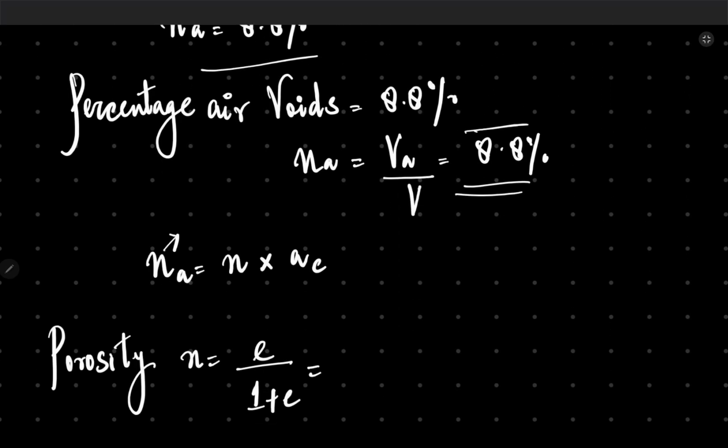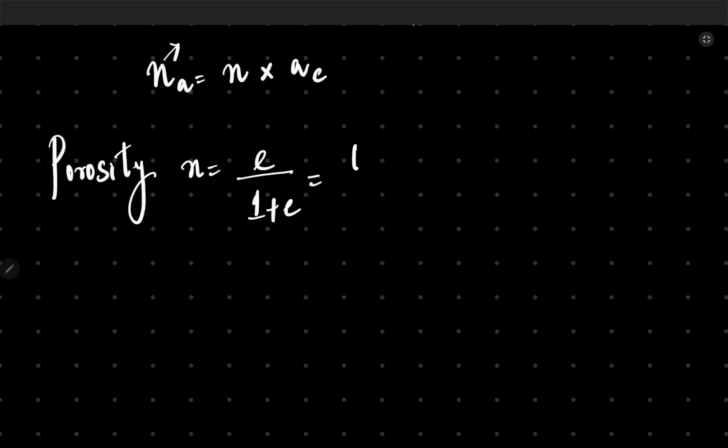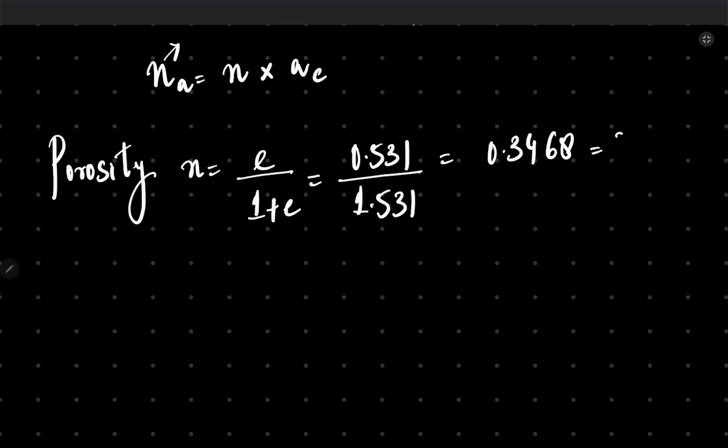So this becomes 0.531 divided by 1.531. So this becomes 0.3468. And as we express porosity also in terms of percentage, this becomes 34.68%.